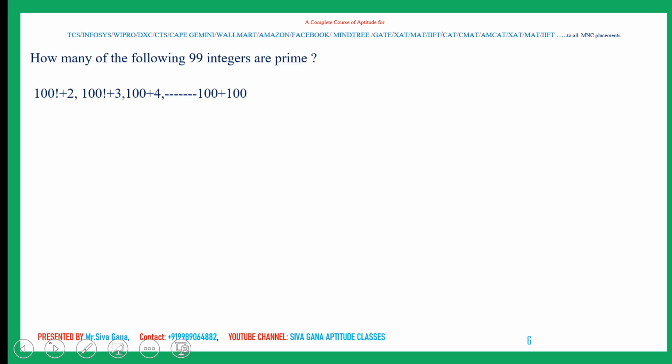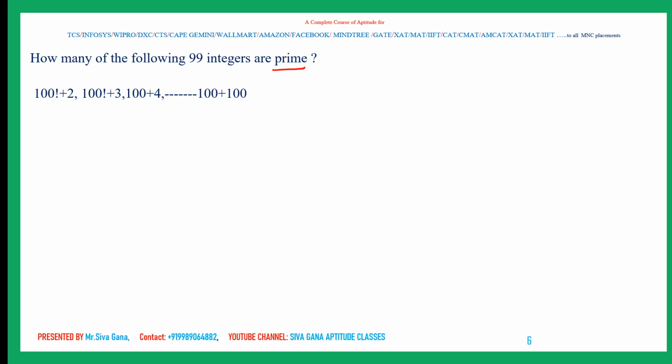Now, how many of the following 99 integers are prime? This is nowhere asked in placement questions. Just to understand prime numbers related to factorial questions, I'm taking this question. A number with more than 2 factors is not a prime number. Less than 2 factors is not a prime number.